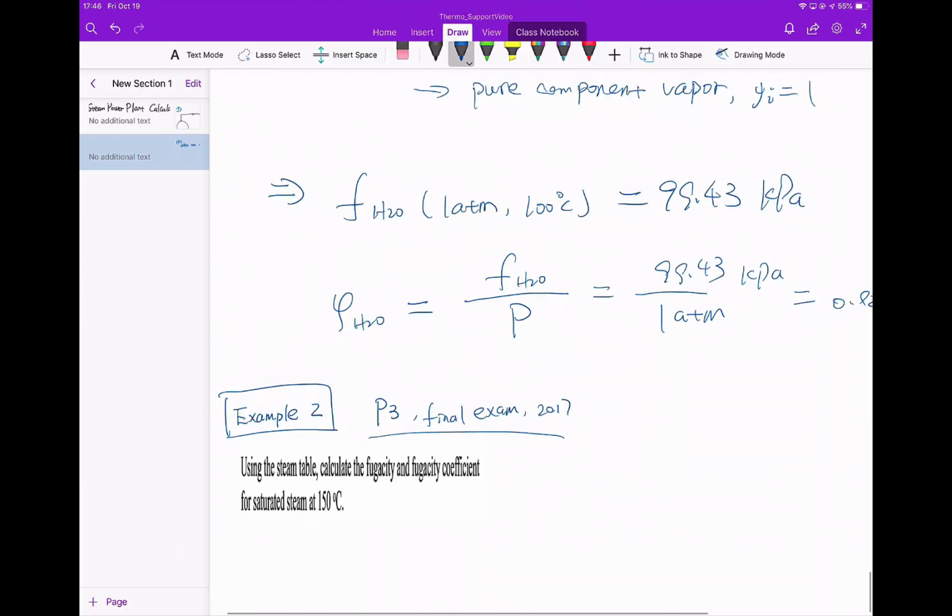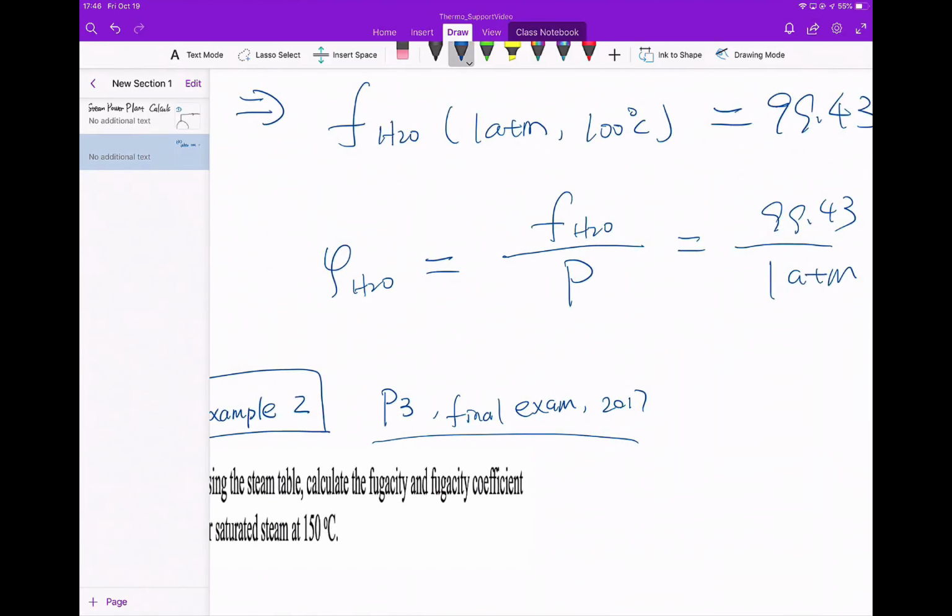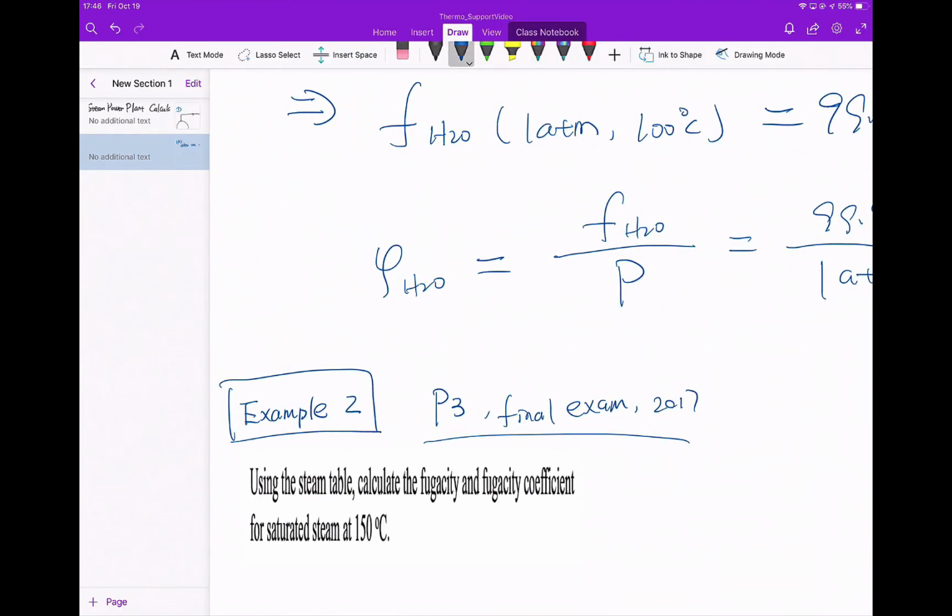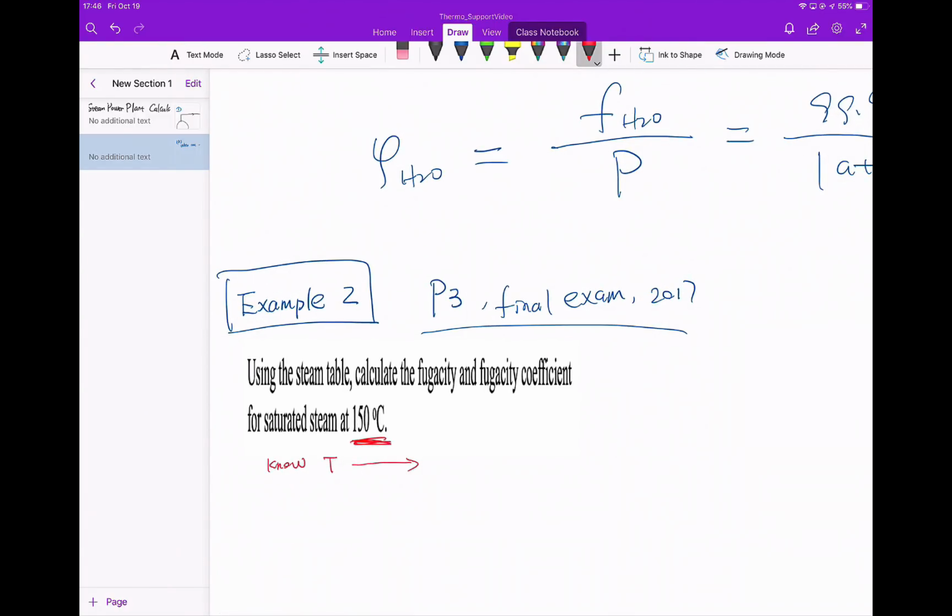So for this problem, I was asking the students to use the steam table and calculate the fugacity and fugacity coefficient for saturated steam at 150 degrees C. So now you see that the only difference is now we know T. Using the saturated steam, we are going to get the P, and then of course the value of H and S, and of course the G, of course the mu, right?